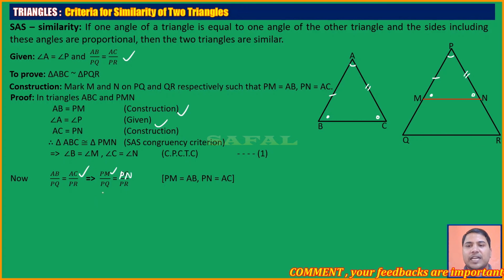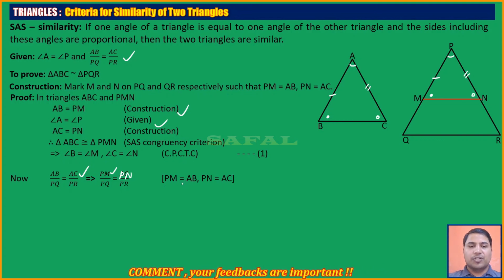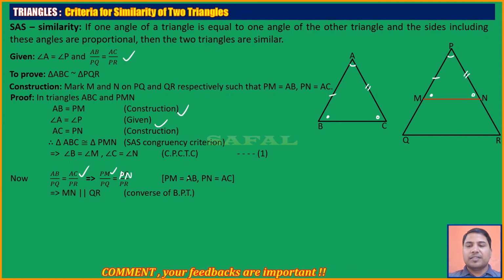So I can see that PM by PQ is the same as PN by PR in triangle PQR. So I can see that MN divides PQ and PR in the same ratio. So I can say that MN should be parallel to QR by converse of BPT. That's what I have written here.